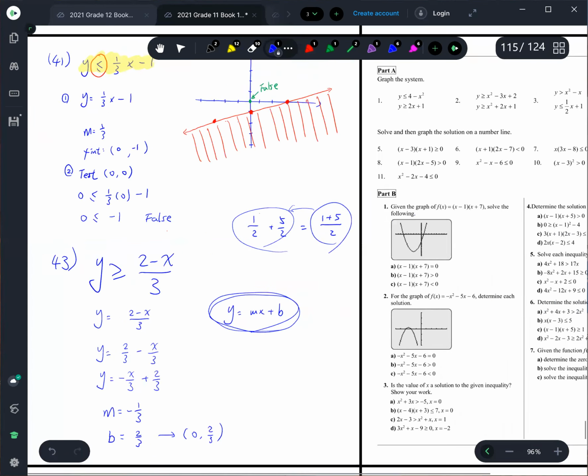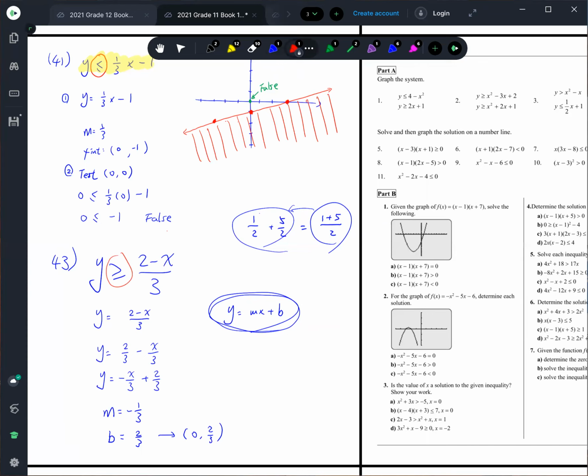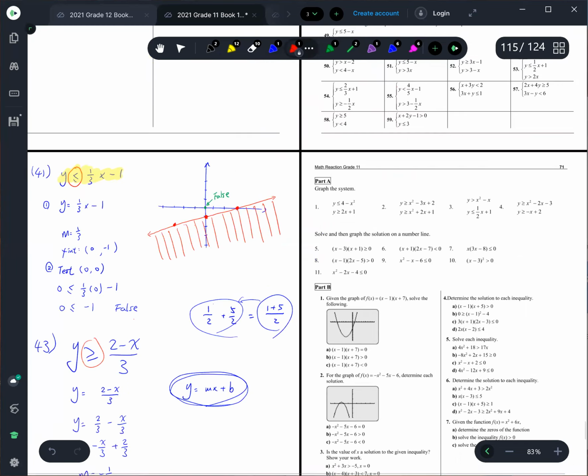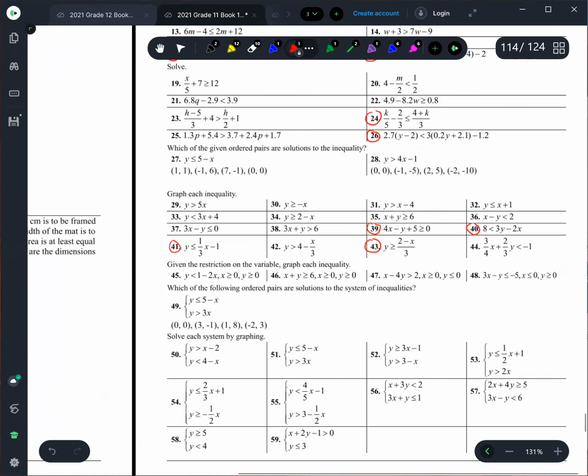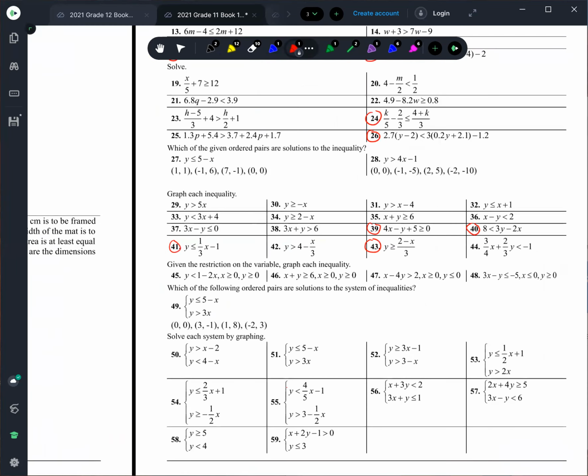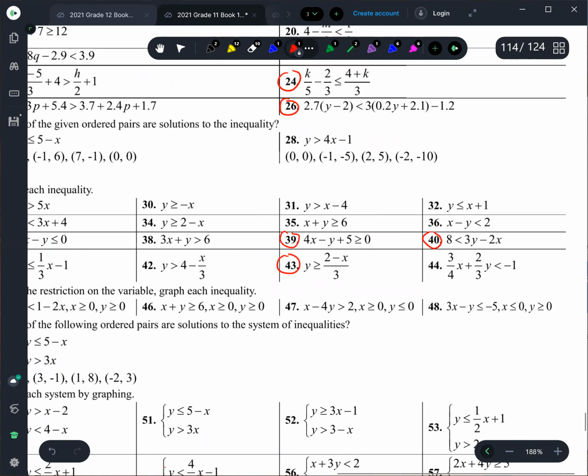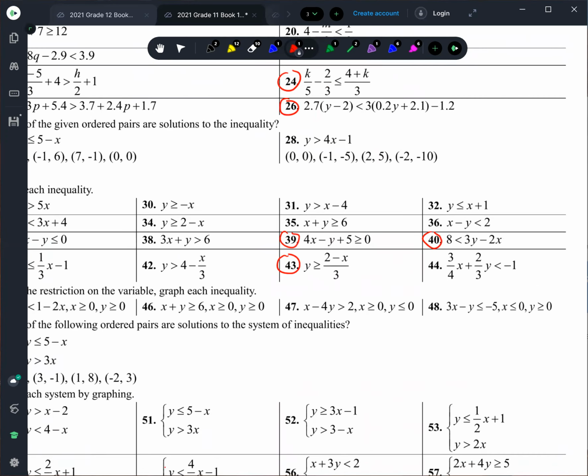Okay, and for this one, it has an equal sign again, right? Having an equal sign means it's a solid line. So when you see the questions 39, 40, 41, 43, only number 40 is a dashed line. Double check number 40, it doesn't have an equal sign.